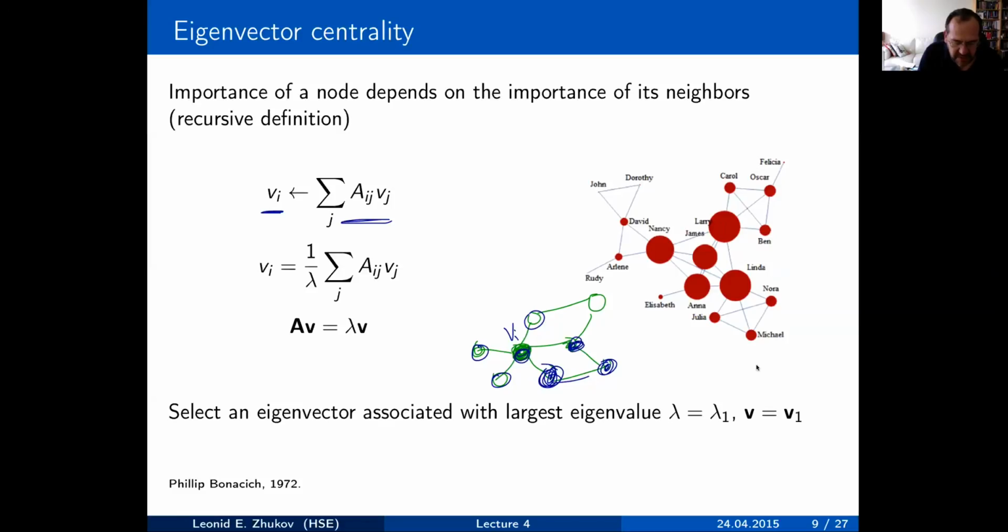We start with some values of this V, we calculate the summation, update, then plug it back in and calculate again, and again, and again. If we just start adding up things, the numbers will just grow. So we need some sort of balancing here. We need to control this addition, and to do that, we need to introduce some sort of normalizing factor on every step. And if you do that, it's very clear from the mathematics that we have this equation.